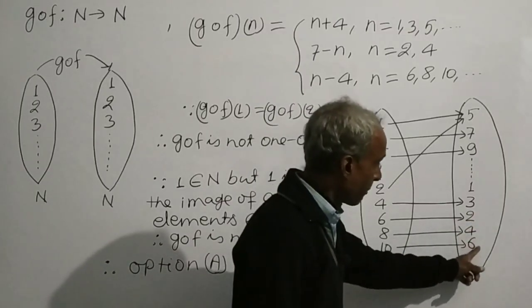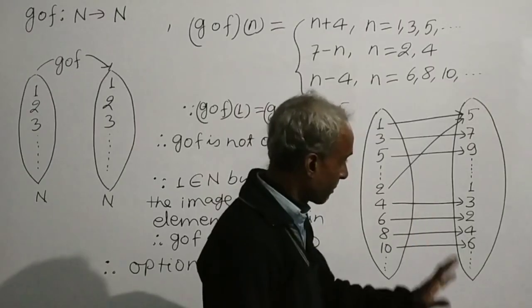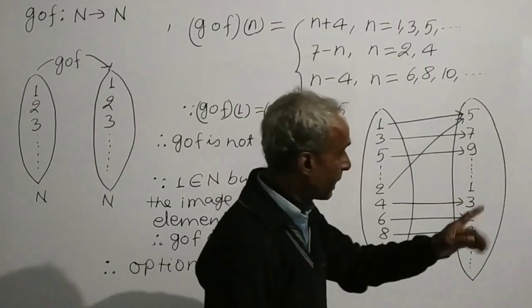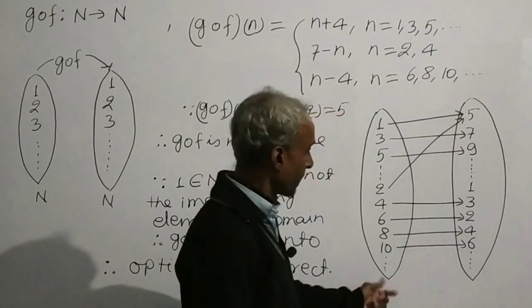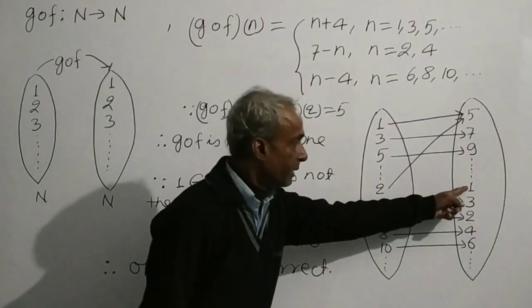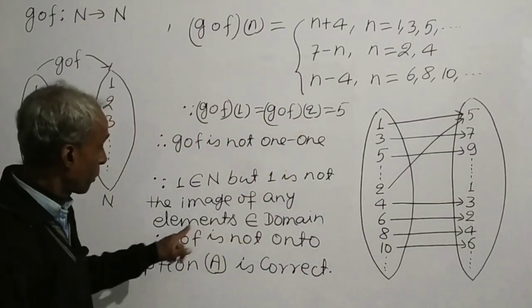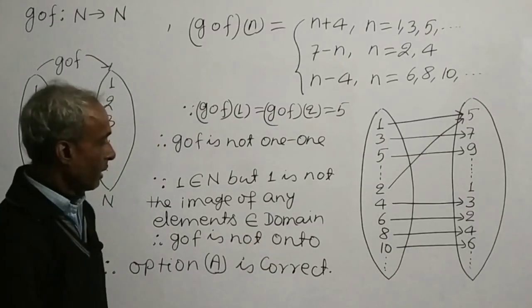Every even number is also the image of some number, but 1 is not the image of any number belonging to this set. Since 1 is not the image of any element, therefore gof is not onto.